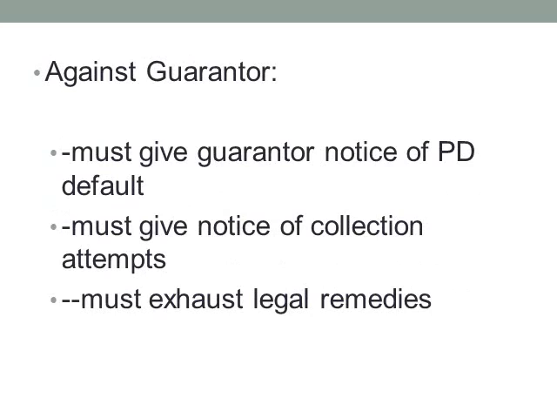Now, against our guarantor, the creditor must give notice of the principal debtor's default and their attempts at collecting, and they must exhaust all their legal remedies against the debtor before they can go after that individual.